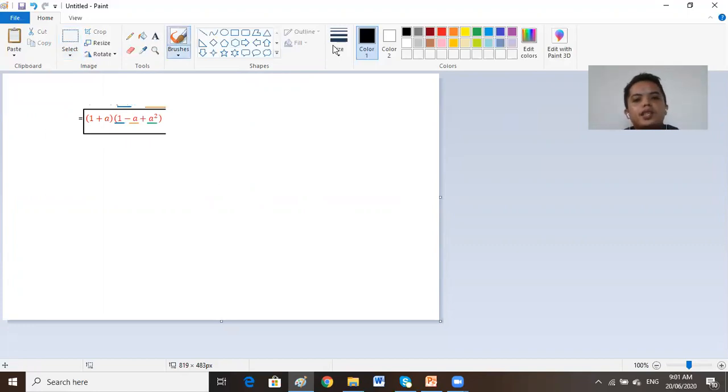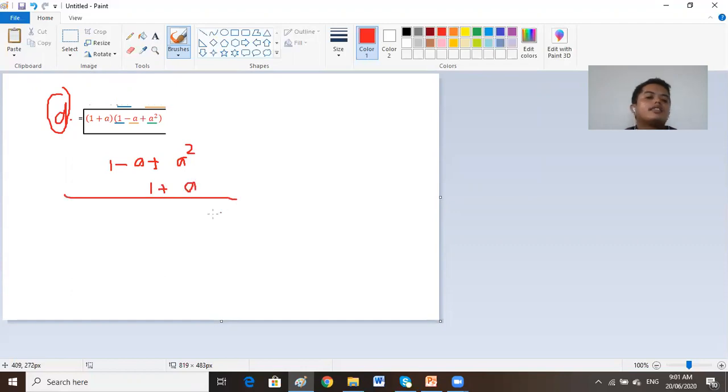So for example, in the board exam, this is letter D in the choices. All you have to do is verify the choices. So, 1 minus a plus a squared, you multiply it by 1 plus a. So check. You multiply this one, times.